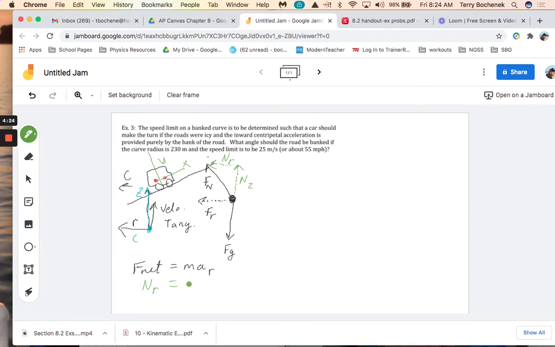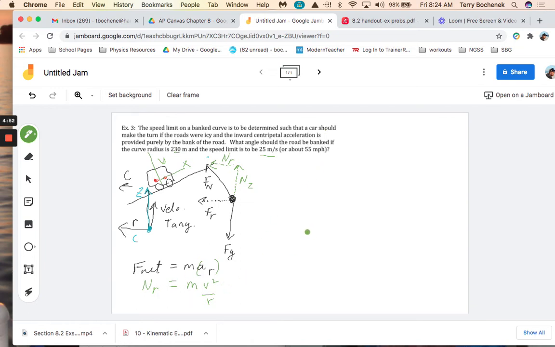So that radial force from the normal force that is created by the slope of the road is then going to be equal to mv squared over r. We put v squared over r in for a_r because we need to talk about things in terms of the speed that the car is traveling and the radius of the banked curve.